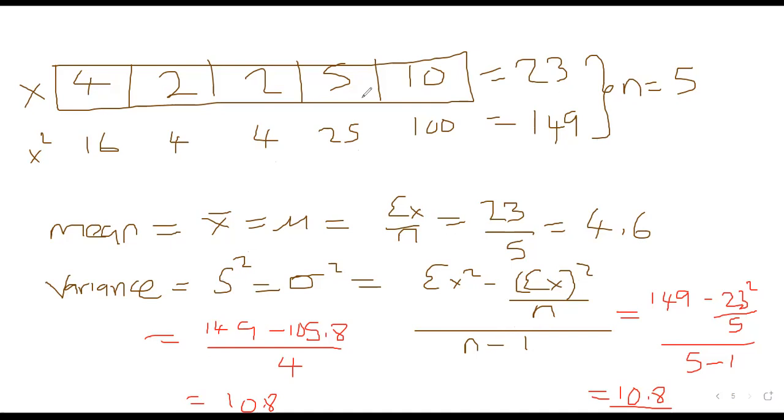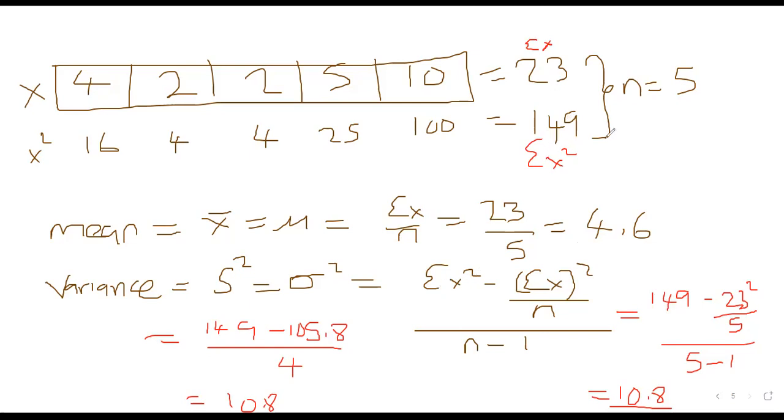So from the data we collected here, the formula for the variance is summation of x squared minus summation of x to the power 2 over n, everything over n minus 1. There are two x's people want to confuse here. The big one is called summation of x squared. The small one is simply summation of x. So where there's x squared, we put 149.